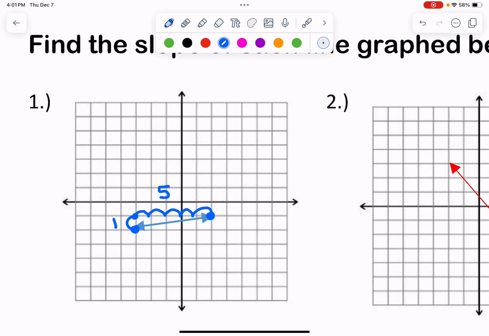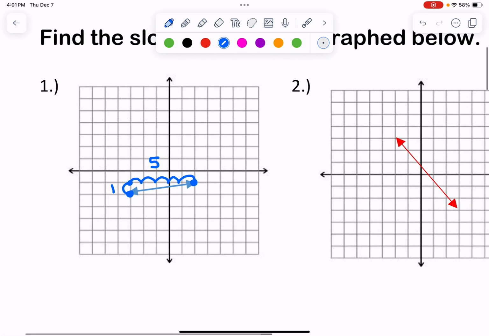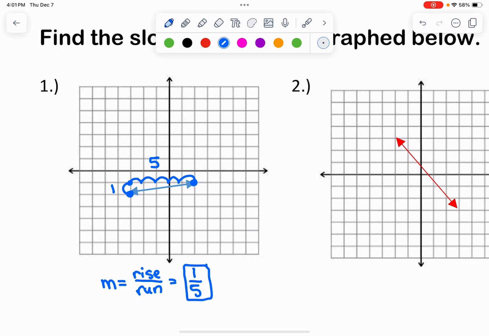So now if we want to label the slope M, which is rise over run, we're going up 1 over 5. So our slope would be 1/5.